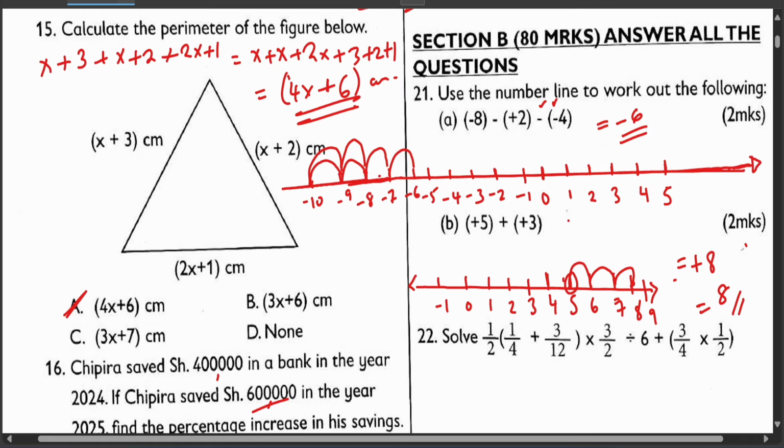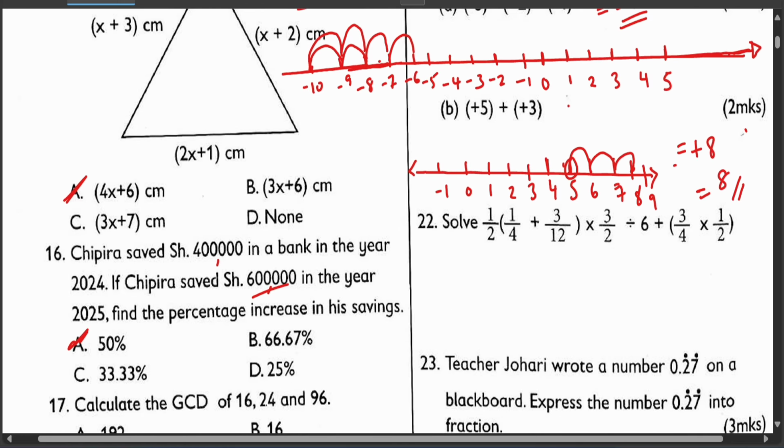Question 22. Solve this one. A half into bracket a quarter plus 3/12 times 3/2 divided by 6 plus into bracket 3/4 times a half. So a half into bracket a quarter plus 3/12. So 1/4 plus 3/12. 1/4 I can change to have a denominator of 12 by multiplying by 3.